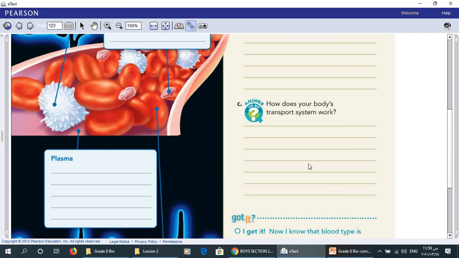So the answer will be the heart pumps blood through blood vessels to transport materials to body cells and to carry wastes away from body cells.